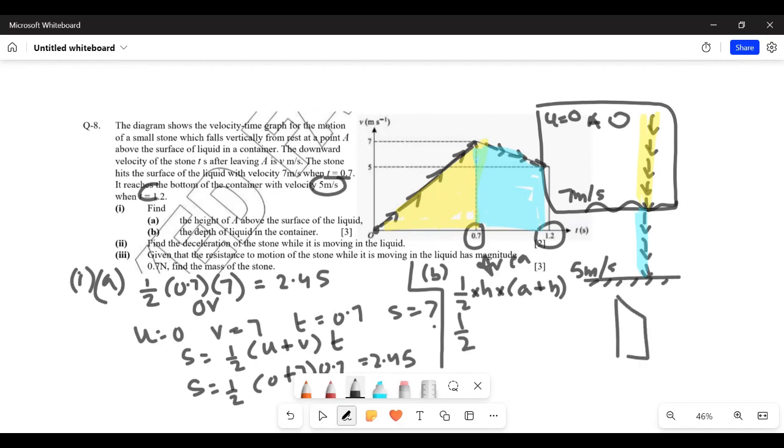If this is the trapezium, then this is the height, which is 0.7 till 1.2, so that's 0.5 units. So the height is 0.5. And then A plus B, the sum of parallel sides, one of which is 7 and the other one is 5. This would give you the distance, which is 3 meters.